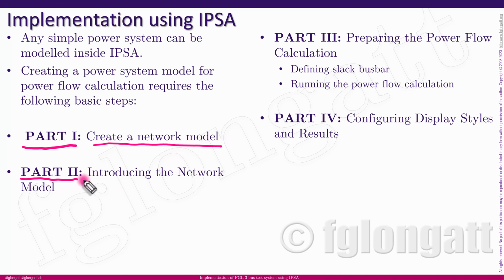When you finish including all those network data, we need to go for the part number 3, and that is basically preparing the software and the model in order to perform the load flow. And there are two very important parts over here. The 3.1, that is basically defining the slack bus bar, and then we can run the power flow.